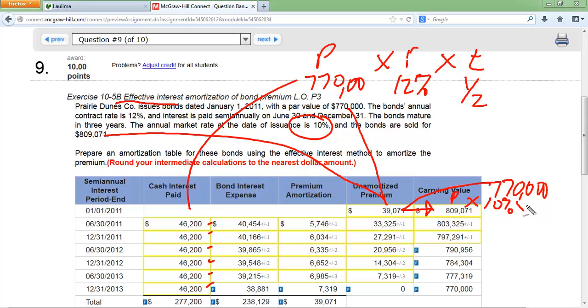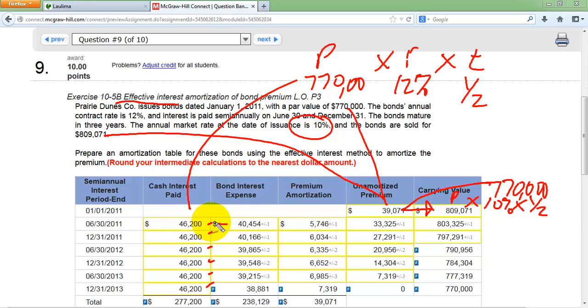And because we're doing this every 6 months, that's half a year. So when you multiply all this out, this comes out to interest or amortization of $40,454.